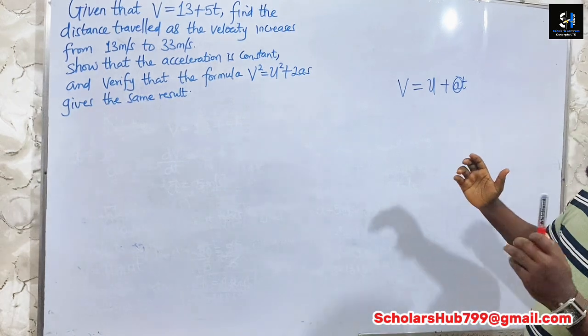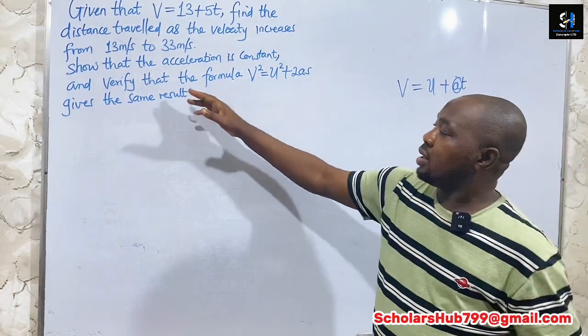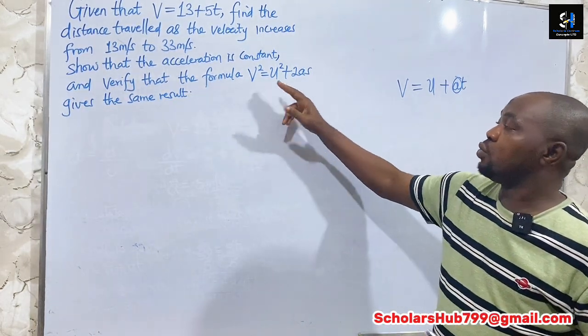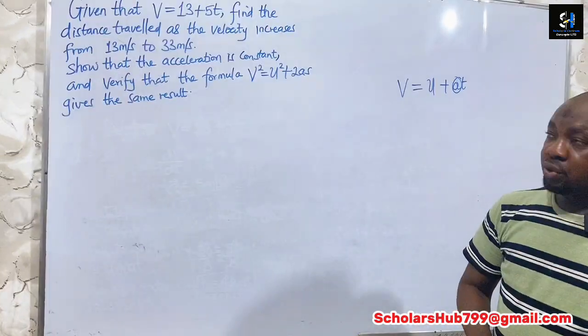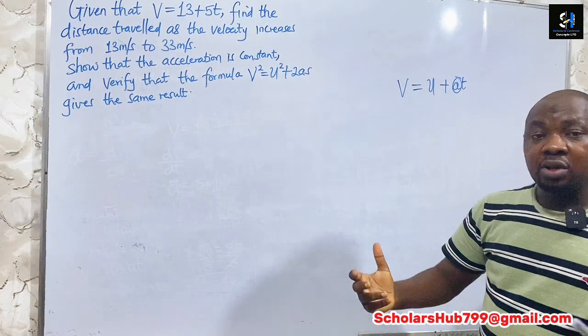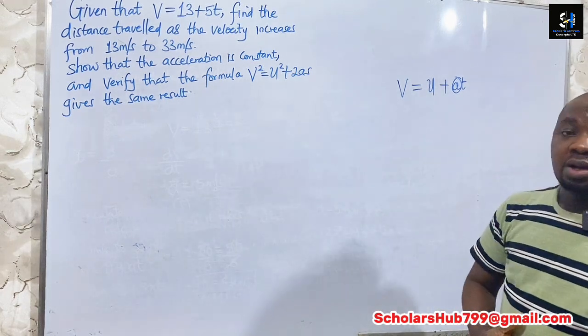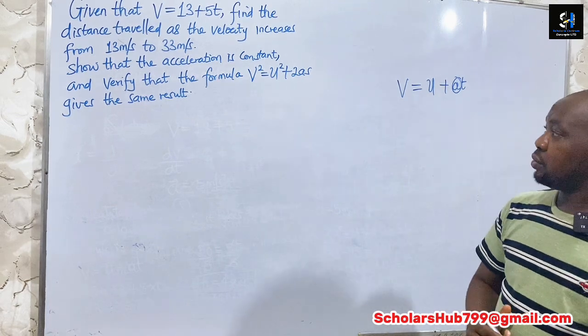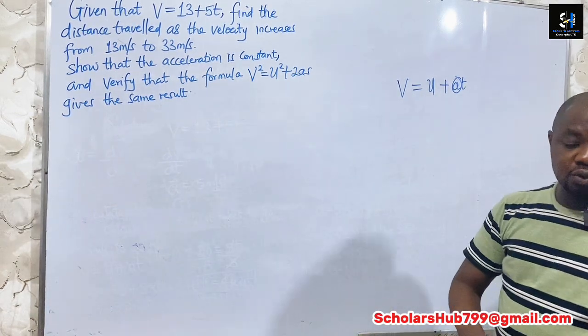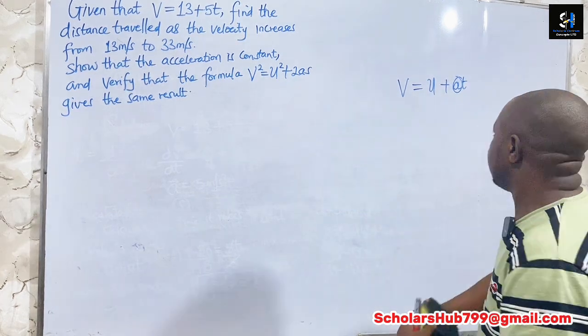We are also asked to verify that the formula v squared equals u squared plus 2as gives the same result. This is one of the formulas in kinematics, the fourth equation of motion.